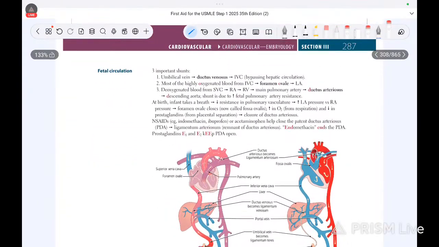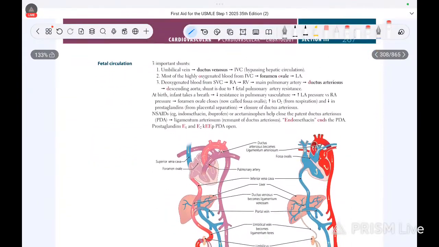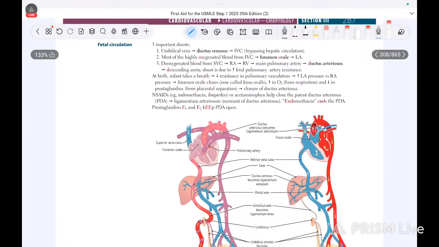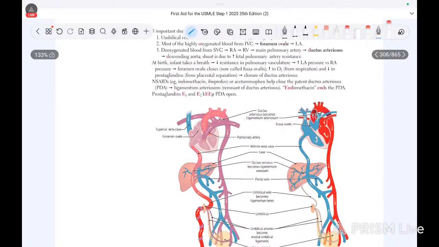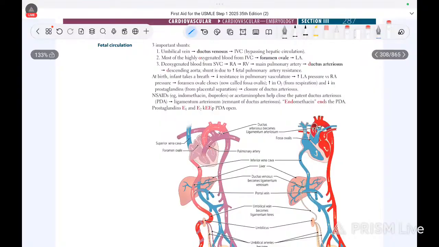Next we come to the fetal circulation, mainly three shunts. First is from the umbilical vein to the ductus venosus. This is the ductus venosus, the first shunt. Umbilical vein to ductus venosus to IVC. This is the IVC.